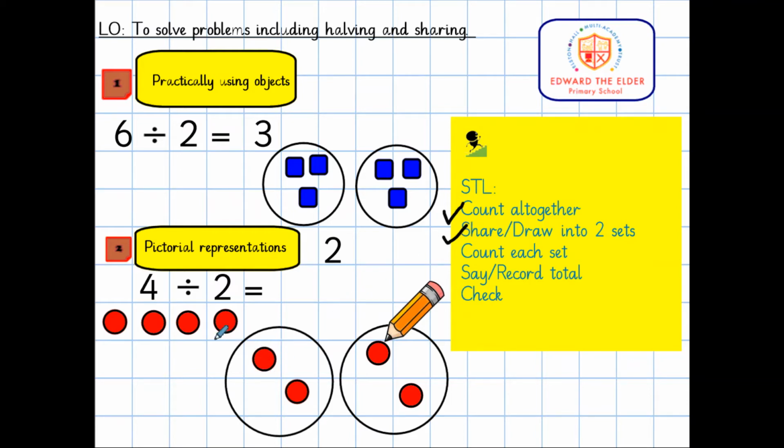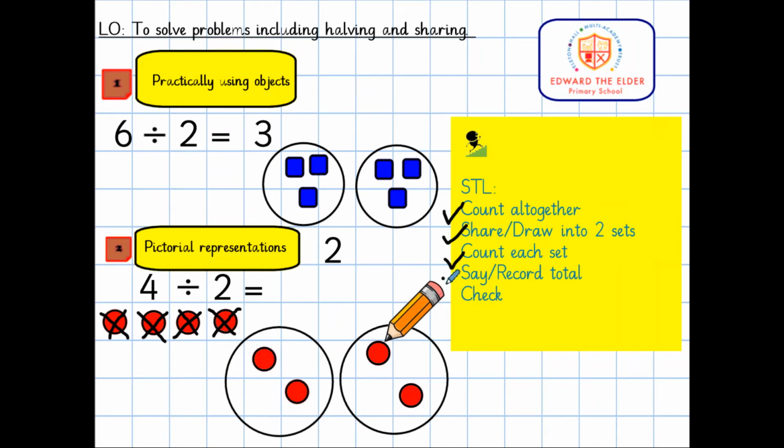1 for you, and 1 for you. One for you, and 1 for you. Step 3, carefully count each set. 1, 2, 1, 2.